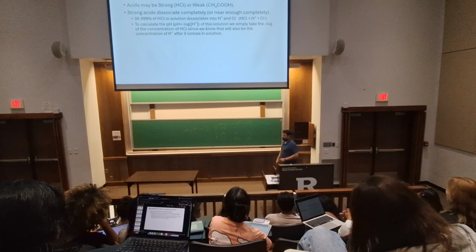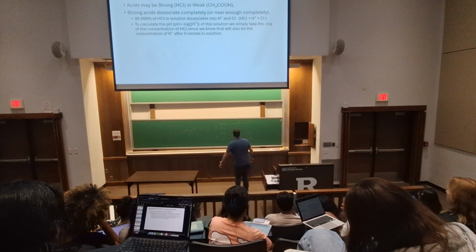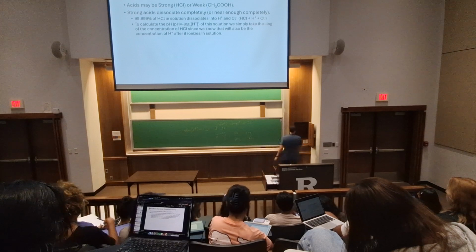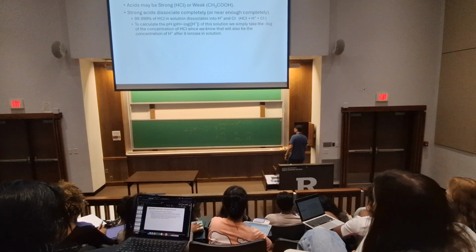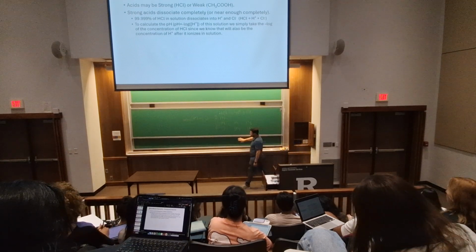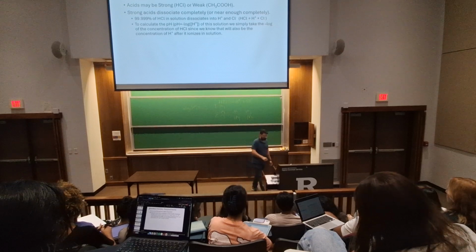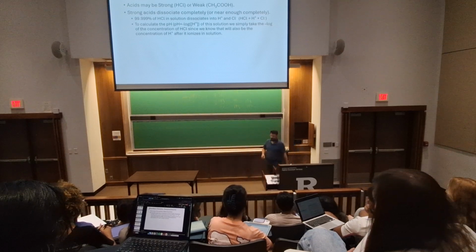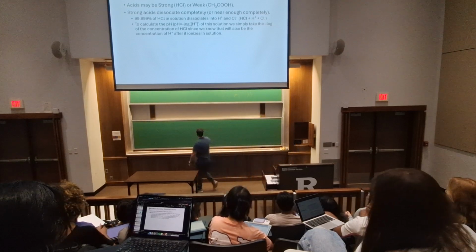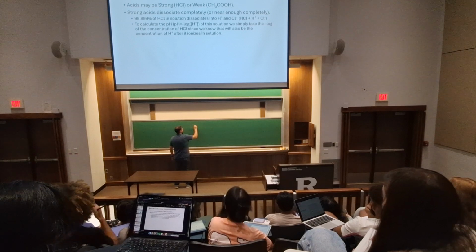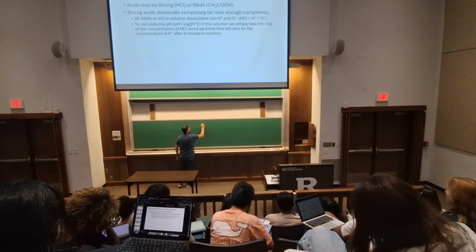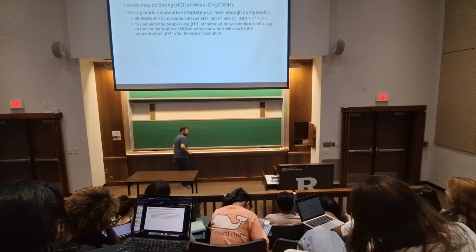But what if we have an acid that doesn't completely dissociate, right? So an acid that doesn't completely dissociate requires a little bit more care. So this is, for example, acetic acid. So acetic acid is CH3COOH.